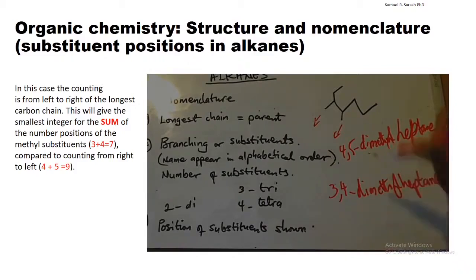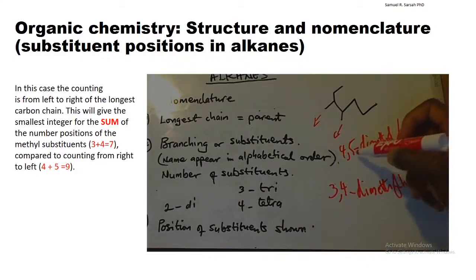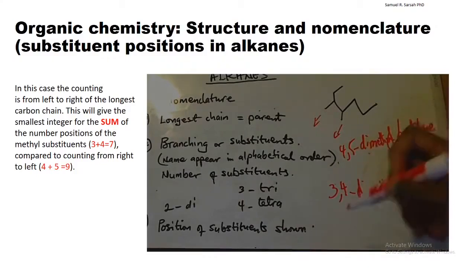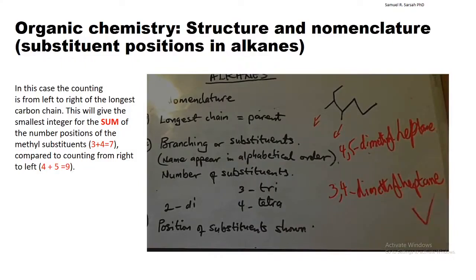Now obviously 3 plus 4 is 7, or 4 plus 5 is 9. So this is more preferable than this. So that's the correct name: 3,4-dimethylheptane.